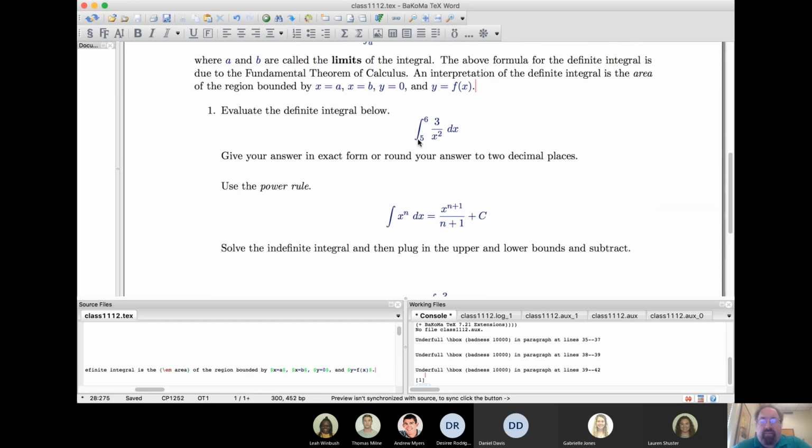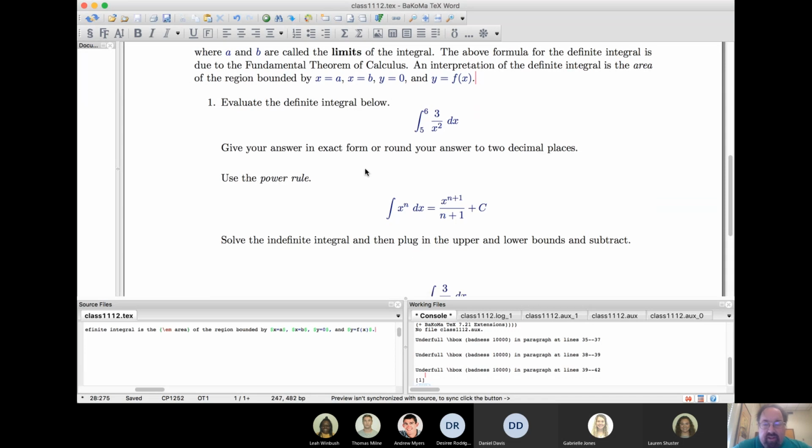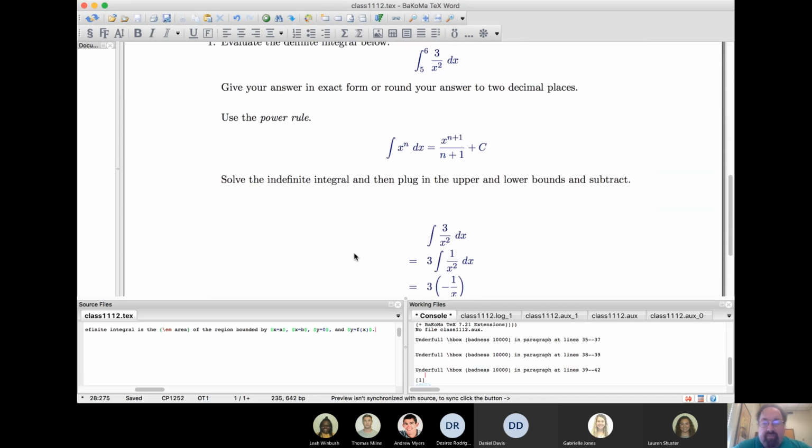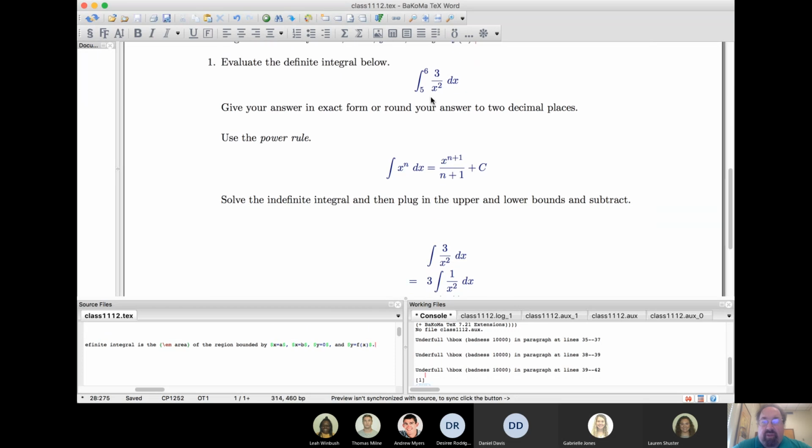So for this one, we have the definite integral of 3 over x squared from 5 to 6. Now, you can think of this as 3 times x to the minus 2. And for that, you would use the power rule.